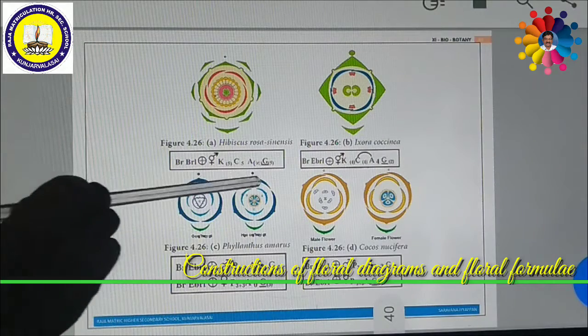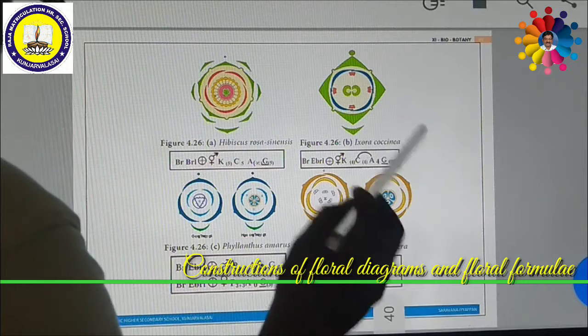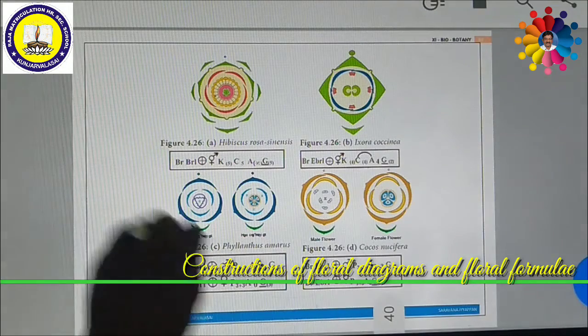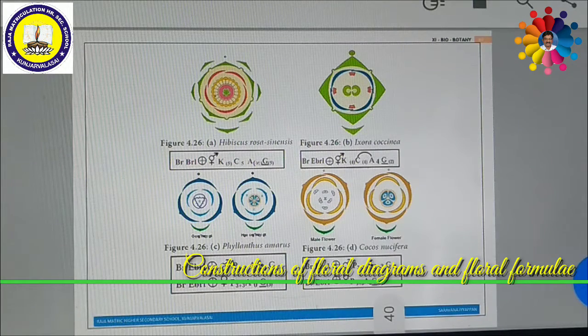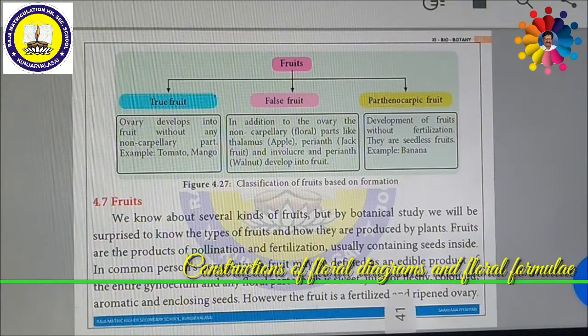These are having male flowers, female flowers and bisexual flowers also. So in such a way we explain floral diagram and floral formula. If you are able to understand how to draw the floral diagram, we can write the floral formula as well. Now we are going to see the next category.